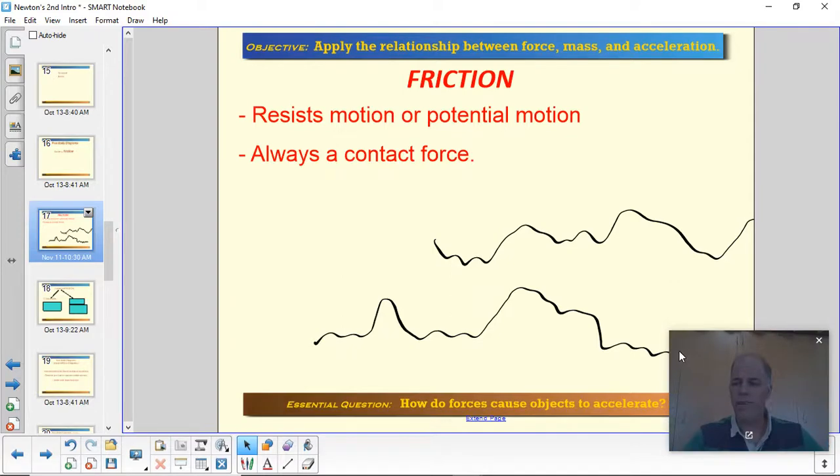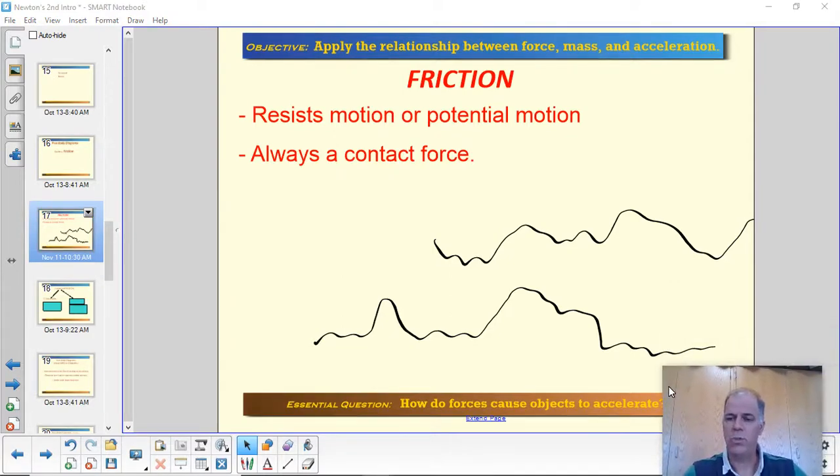Now, why does friction exist? This is a useful thing to understand. It's because of very small, tiny variations and irregularities in the surfaces of the objects themselves. So all surfaces are rough to some degree.